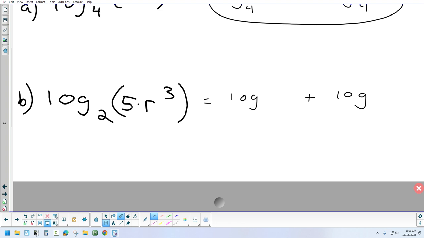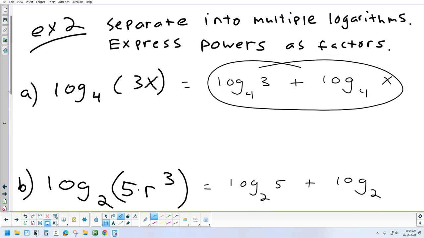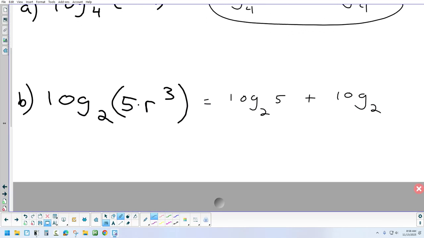Okay, base on each log will be? Yeah, 2. Base has to stay the same. And what's going to be the argument to my first log? Yeah, it's going to be a 5. And how are we going to write the second log, making sure we follow the directions, express powers as factors?